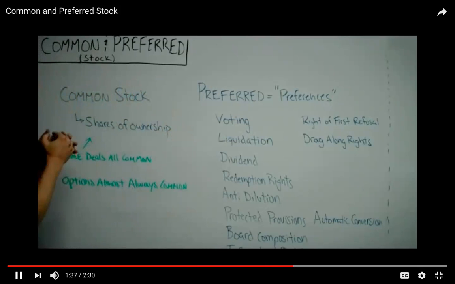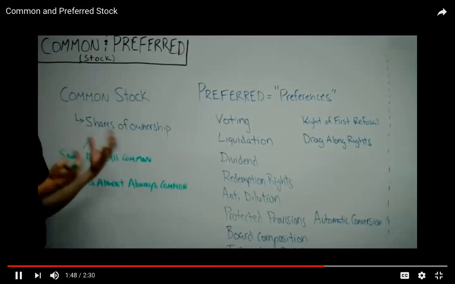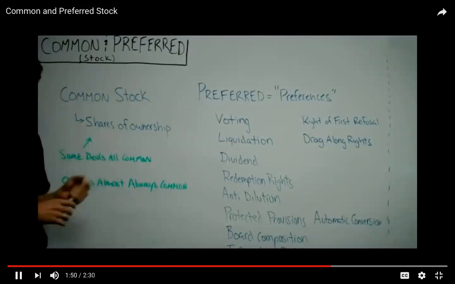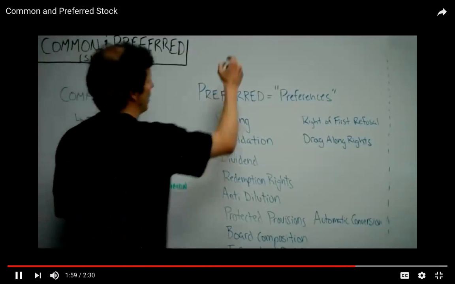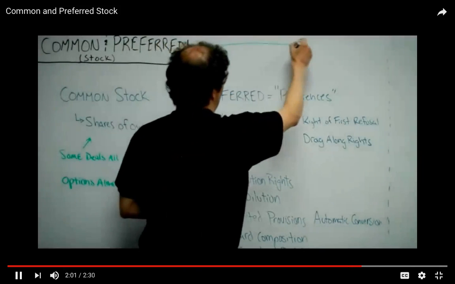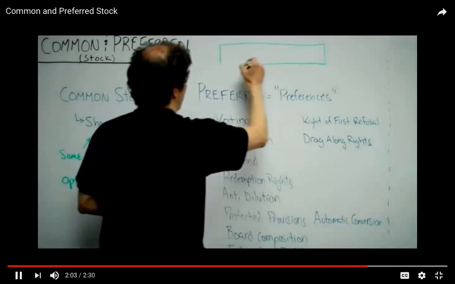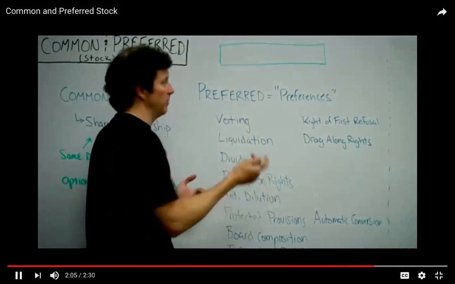But the overall thing to understand between common and preferred stock is that preferred stockholders really have most of the power and preferences and things leaning in their direction, the advantage, if you will, whereas common stockholders are kind of at the bottom of the food chain. Importantly, when you go to sell a company, there is an order in which everyone gets paid, very simply.